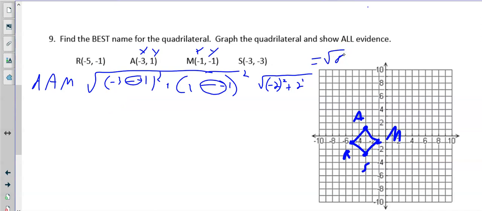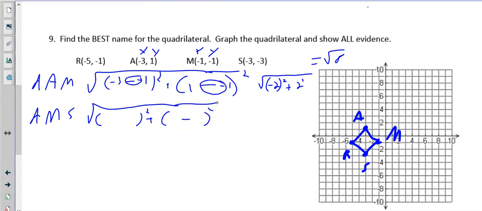Now let's just go around this shape. So we're going to do MS now. Same thing. So M and S: -1 minus -3 and -1 again minus -3 again.